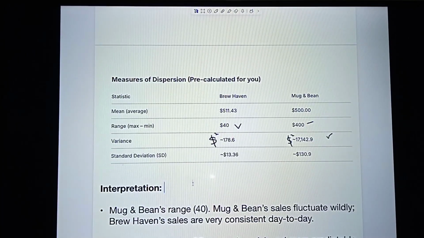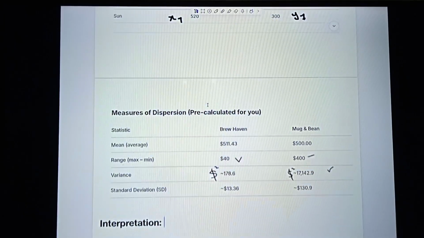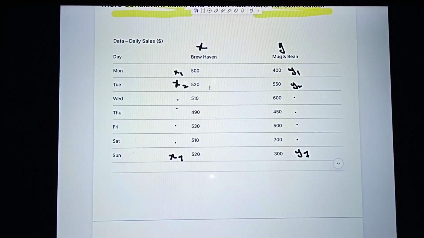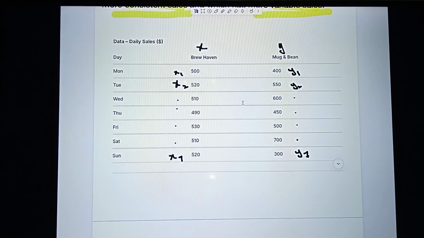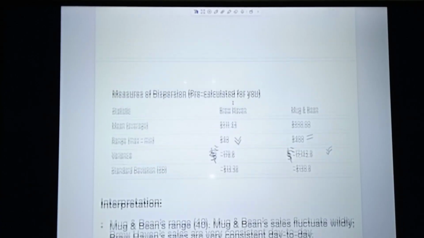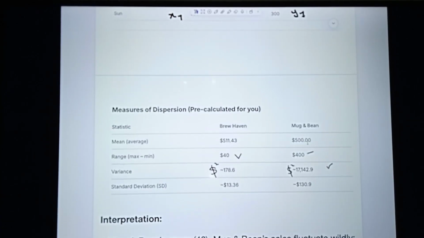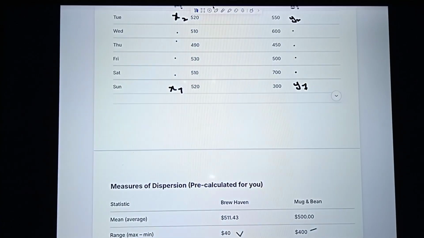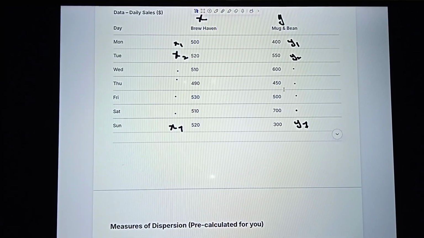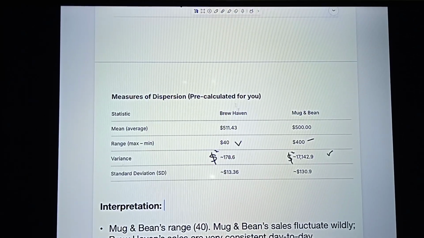Okay, let's interpret these results. These results are obtained from these data sets about the two coffee shops. You need to calculate the average for Breve Haven and for Mug and Bean separately, using this data for Breve Haven and this data for Mug and Bean.